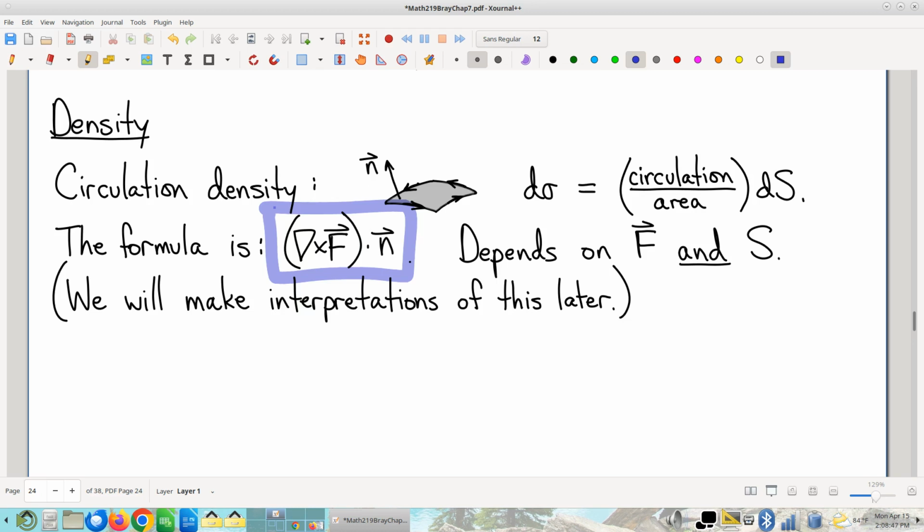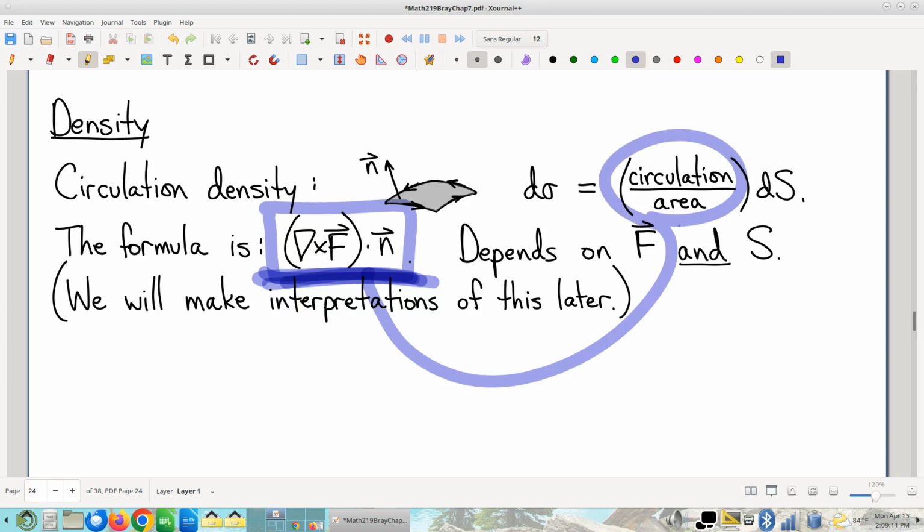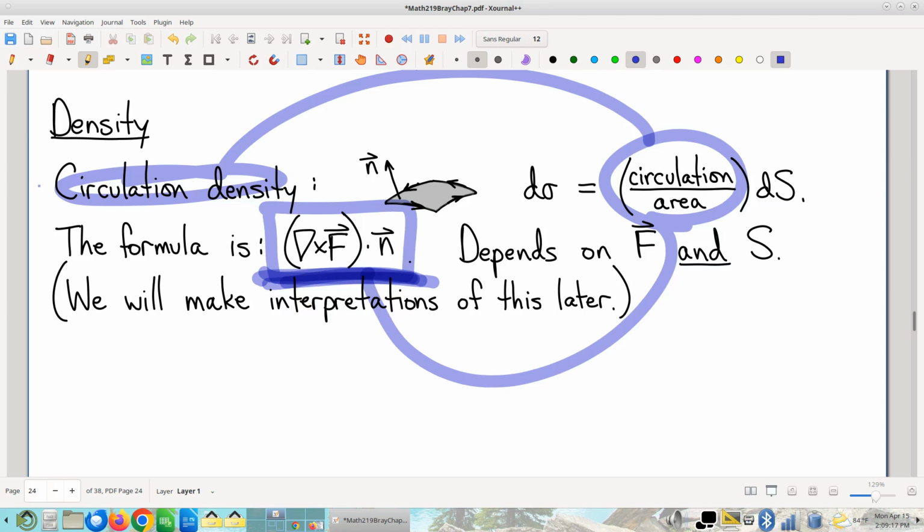We're going to see better pictures of that coming up pretty soon, but the orientation of the surface will matter in terms of what your computed circulation density is. So there are some differences, but the interpretation is the same basic idea. And so when y'all see this coming up real soon, when we put all the pieces together to make the theorem, that thing is just telling you circulation per unit area, namely its circulation density.